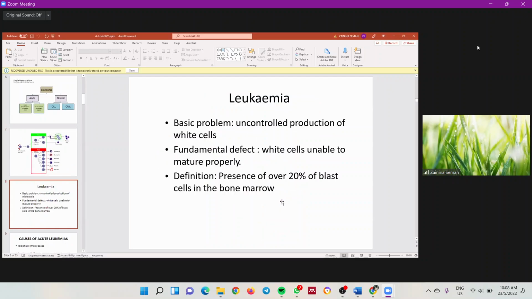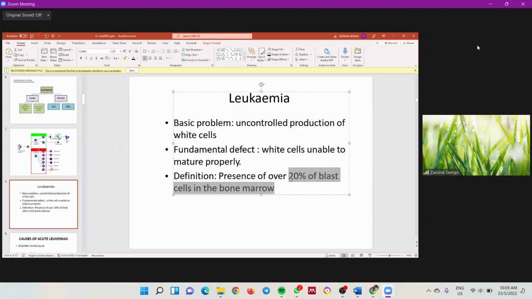The basic problem in leukemia is the uncontrolled production of immature white cells, and the fundamental defect is that the white cells are unable to mature. By definition, there is a presence of over 20% blasts in the bone marrow. This is important for the definition: 20% blasts in the bone marrow, not in the peripheral blood.